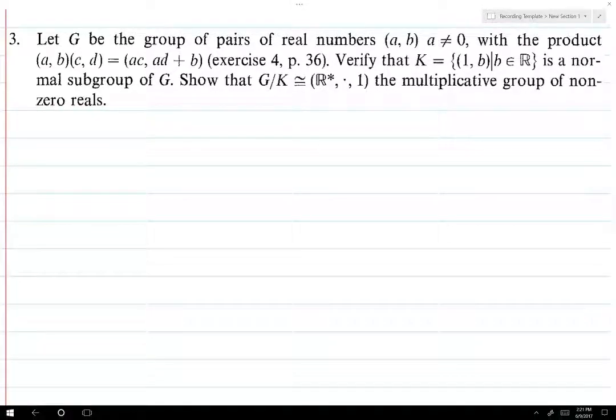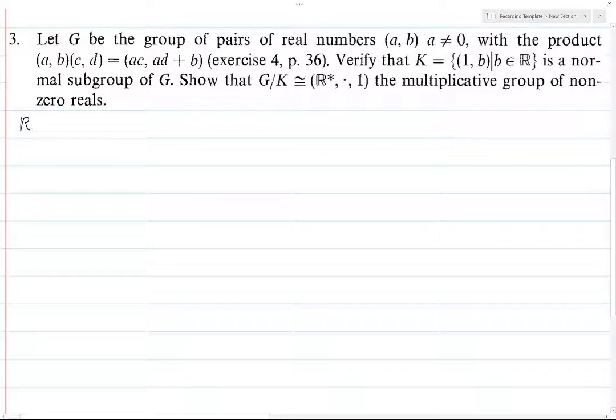We know that we have an element 1, which is just (1, 0). So we want to prove that K is normal. What does that mean?